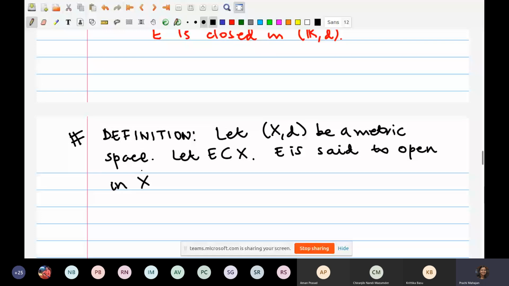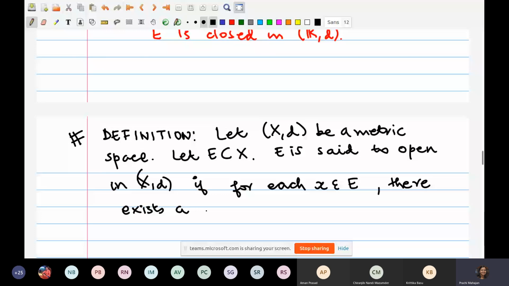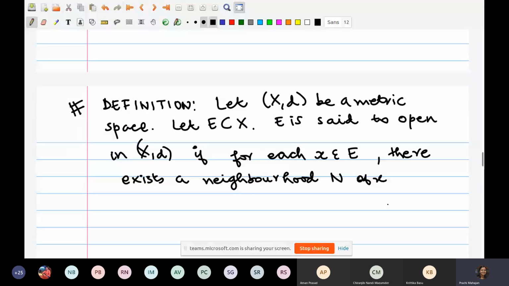E is open in the metric space (X, d) if the following is true: for each point of E, which I'm going to label as x, there exists a neighborhood N of x that is entirely contained in E. So x belongs to N, and this neighborhood is entirely sitting inside this set E.